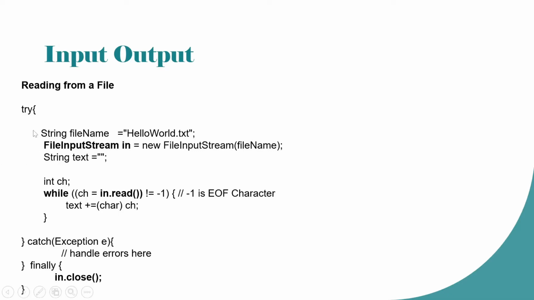So I will be talking about this little rhyme. I am trying, I am catching, and finally I am closing. So here I am trying to run this code. If any error occurs in here, I will catch the exception here, and then I will handle the errors here. After that, I will finally close the file.